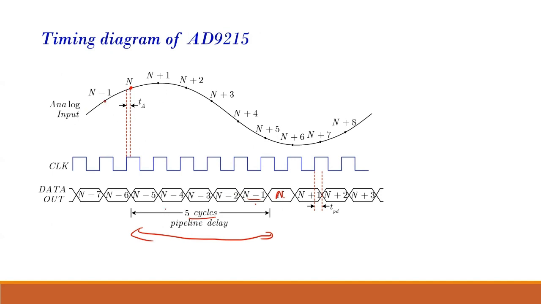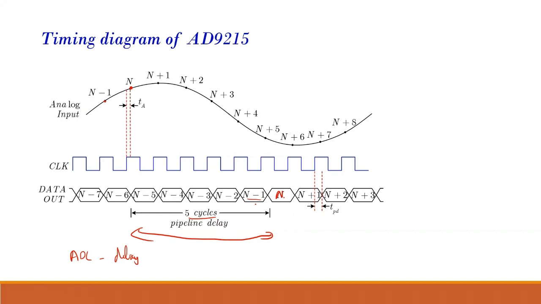So there's a 5-cycle delay after which I will get my digital data. This is a problem with ADC. There is a delay. So in the board which the sir has used for the hardware demonstration, they have used the pipeline ADC, which has a delay of 5 cycles.